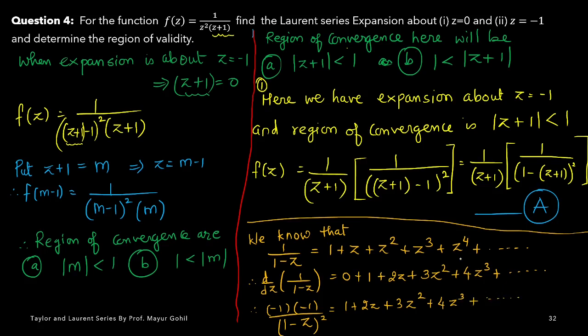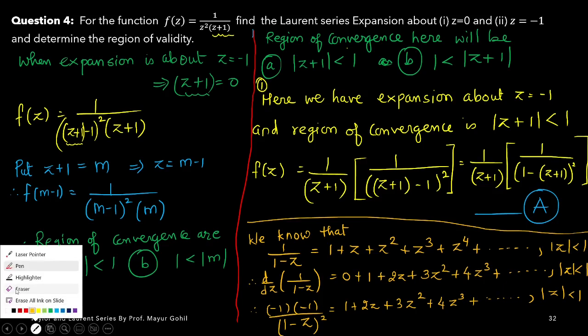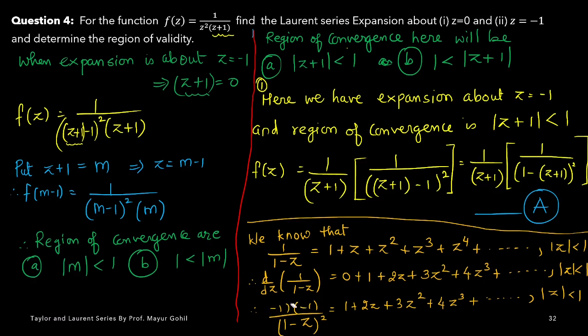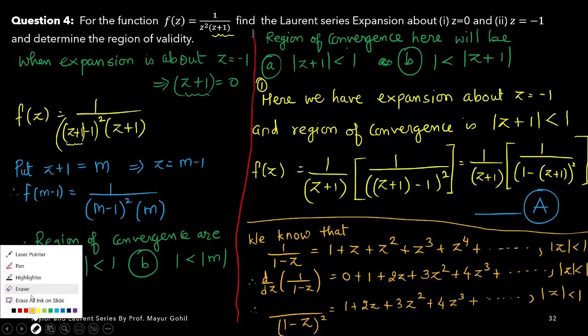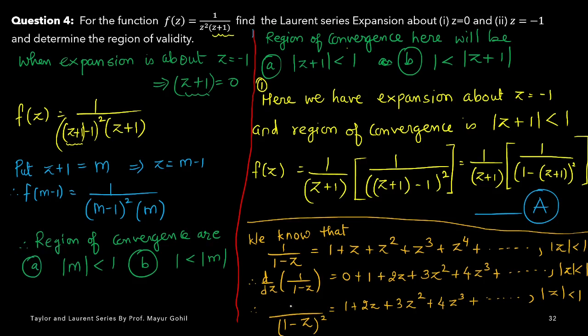The first expansion is possible when mod z is less than 1, and this is also possible when mod z is less than 1. Now minus 1 into minus 1, when you multiply, you get 1, right? So the answer is that 1 upon 1 minus z square expansion is going to be this.